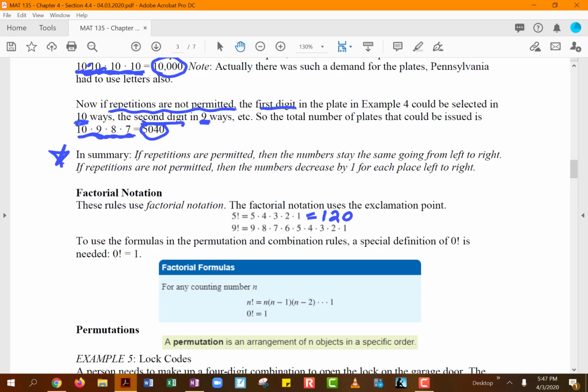With 9 factorial, you actually end up getting 362,880 different possibilities. One thing you want to keep in mind is 0 factorial. A special definition is that 0 factorial will equal 1.